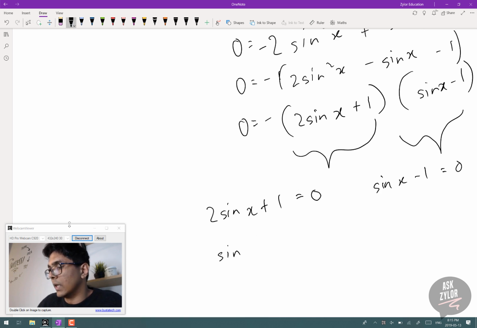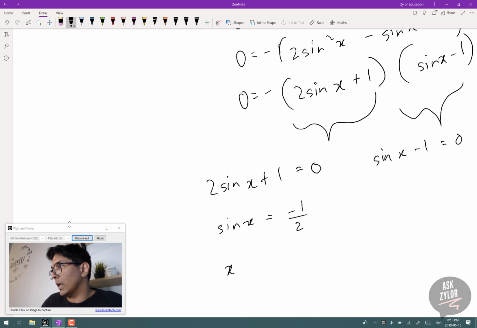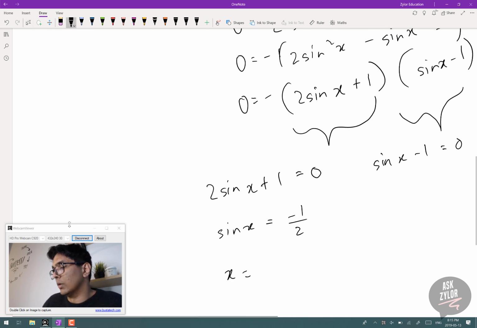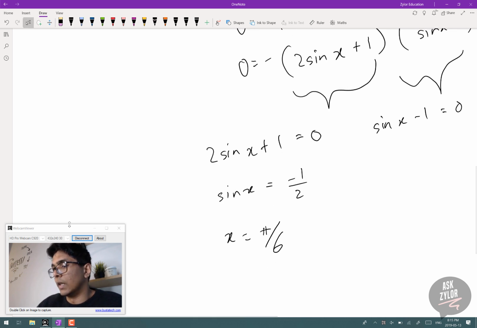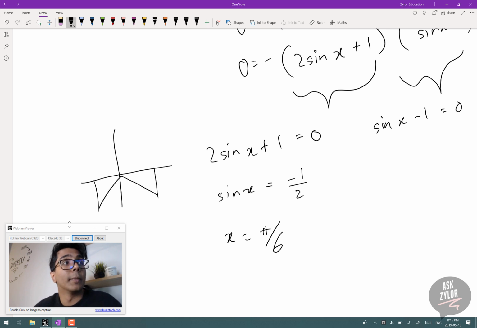So I have sine x is equal to -1/2. My x is equal to basically pi/6. Right? So my sign is a negative, so think about the unit circle again. When is it going to be negative? It's when it's in the third and fourth quadrant.